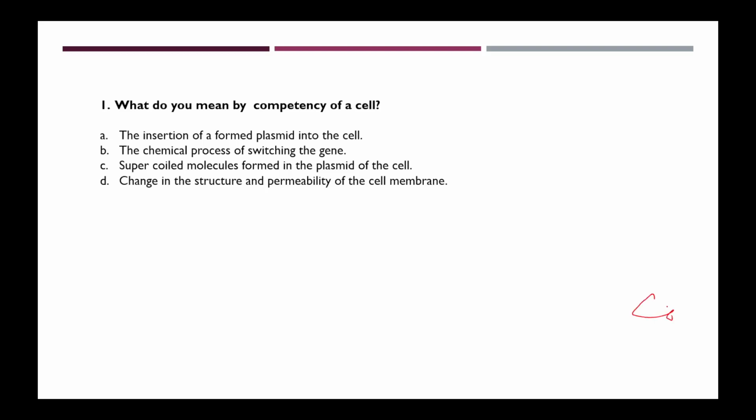No, ma'am. Okay. Why? Ma'am, because DNA is negatively charged and the charge on the cell membrane is also negative. So there is a possibility that both will repel each other. That's why we need to make the cell membrane permeable so that this DNA can easily get inside.